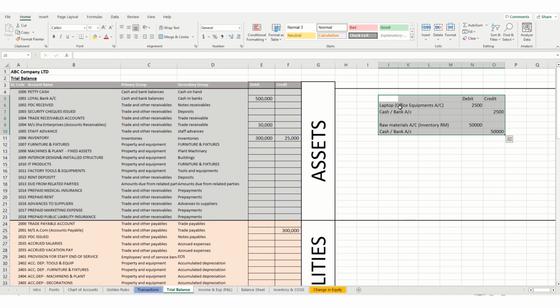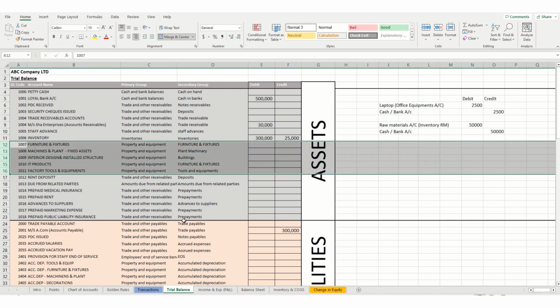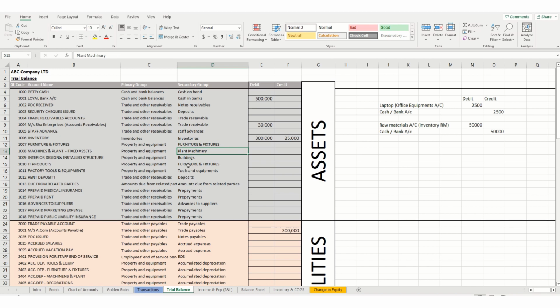So first, let us say office equipment account. Let us go to this office equipment, where we can see the office equipment account in the asset section, right? So here there are asset accounts. These are property and equipment: furniture, plant and machinery, buildings, furniture and fixtures, tools and equipments, factory tools and equipments.